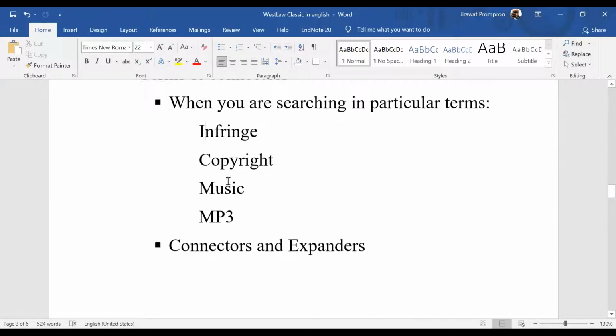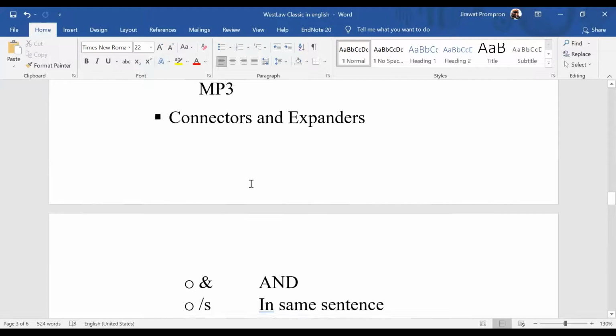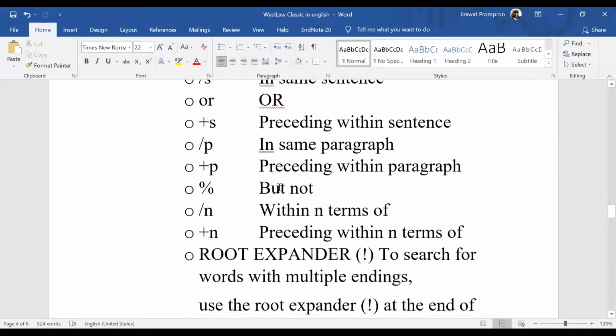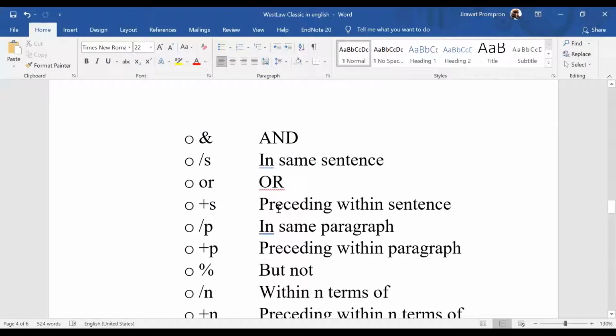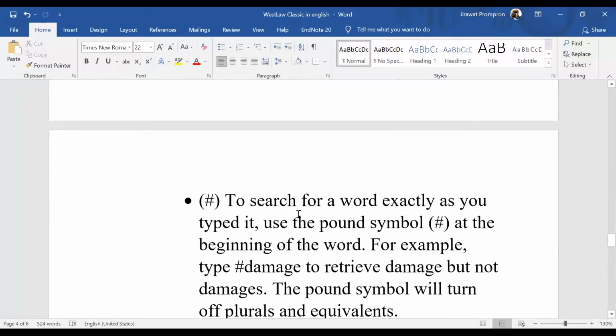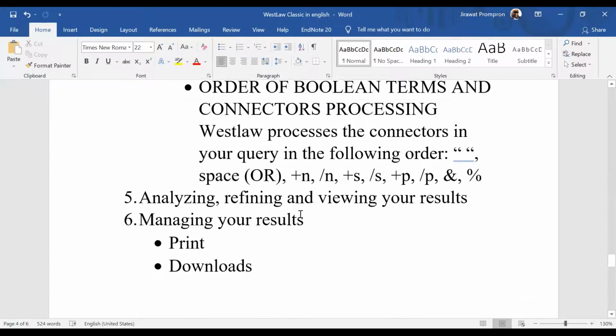So you have to think about the connectors. I will give you the details later, when we come back to terms and connectors, because there are a lot of advanced features. So this one is what we call terms. There are two main things you have to know: terms and connectors.